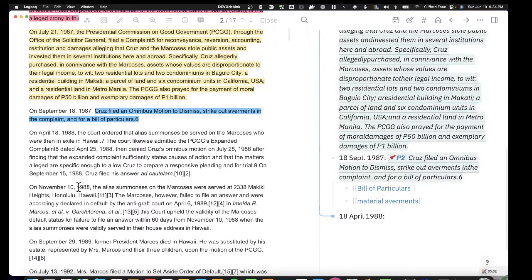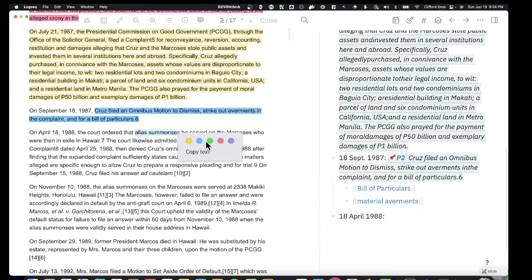And the court ordered that alias summonses be served on the Marcoses who were then exiled.